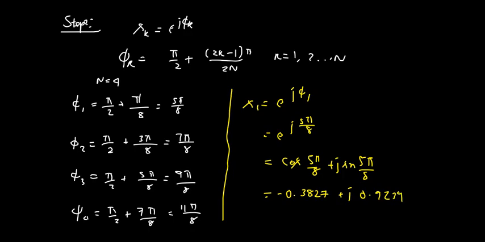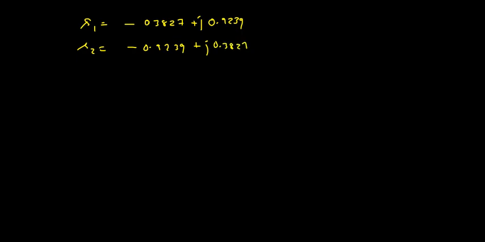Okay, in a similar fashion, if you solve for S1, S2, S3, S4, you'll be getting S1, I'll again rewrite it, minus 0.3827 plus j 0.9239. S2 will be minus 0.9239 plus j 0.3827.